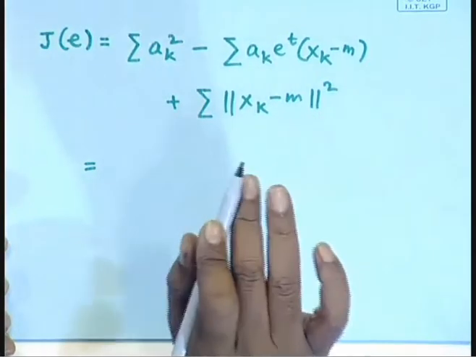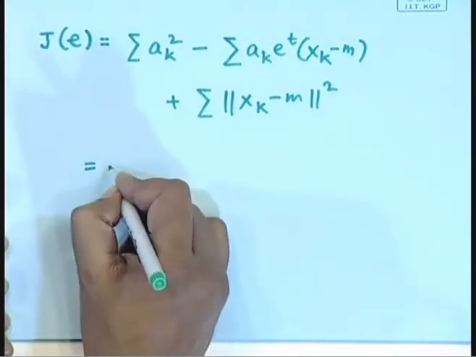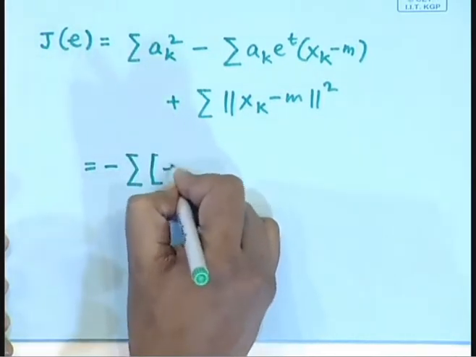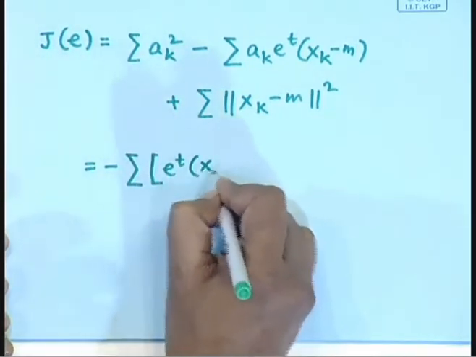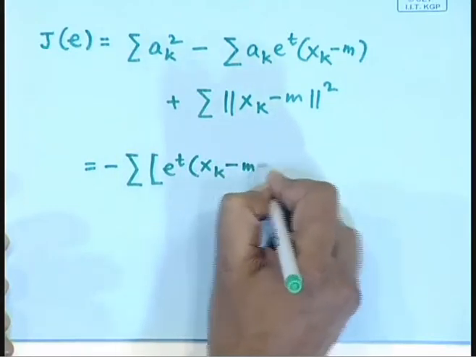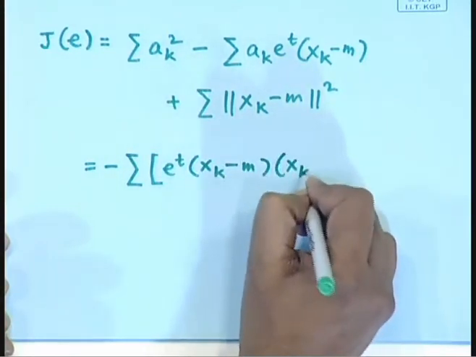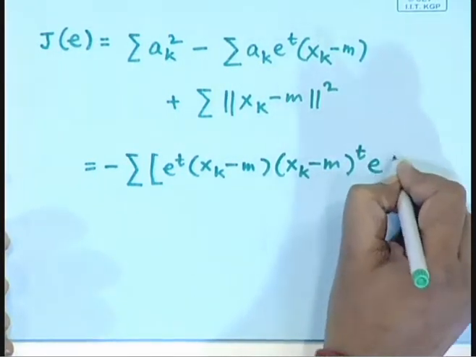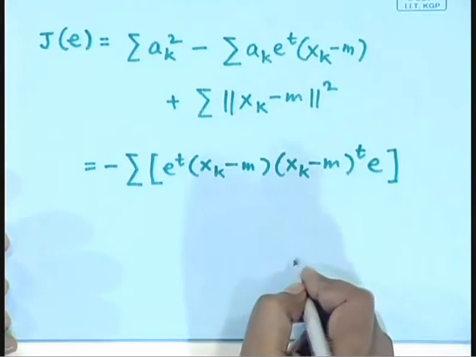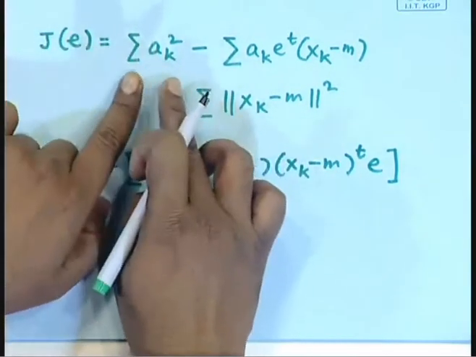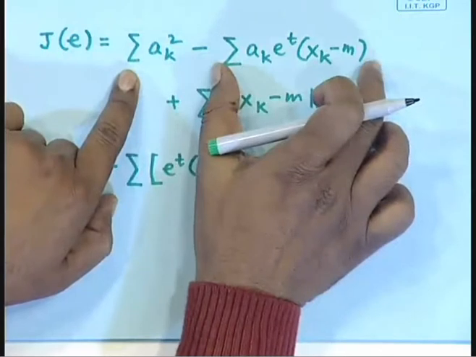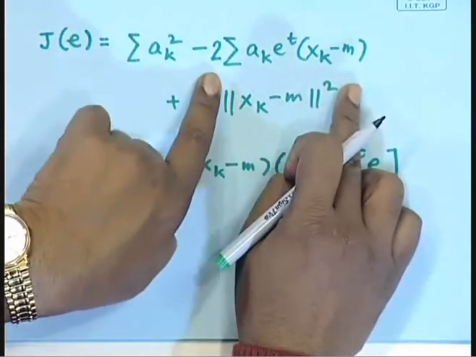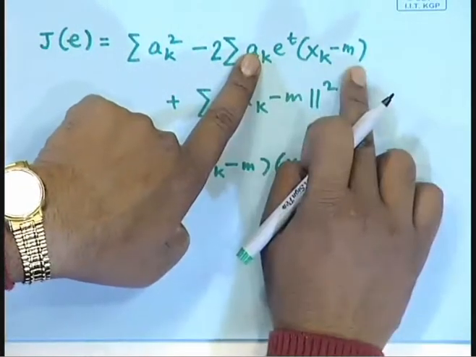minus m. Okay. So, I can rewrite this expression as minus summation of E transpose x k minus m into x k minus m transpose into E. See, here what I have is A k square, and minus 2 A k square, because E transpose x k minus m is nothing but A k.